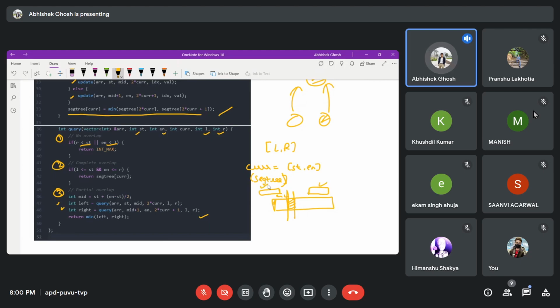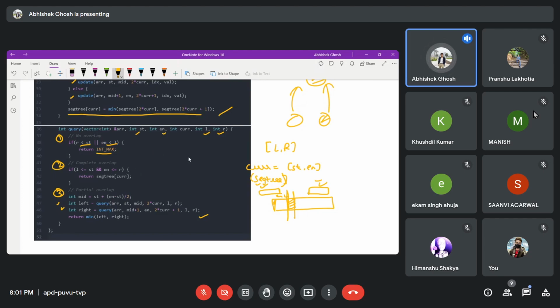These values do not contribute anything to our answer, but we still need to return something. If it was the case of sum, we would have returned 0. But since we are calculating minimum and we do not want these values to affect our actual answer, we return int max, which is our infinity value. So taking minimum with infinity will actually return you the number itself.